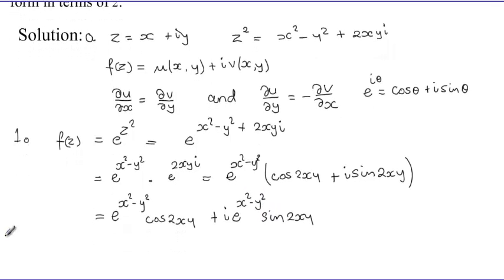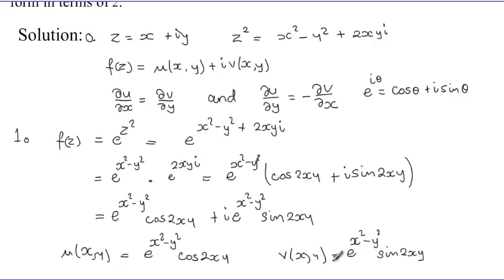Now the next step is to identify our conjugate functions. u of x, y equals e to the power x squared minus y squared times cos 2xy, and v of x, y is equal to e to the power x squared minus y squared times sine 2xy.